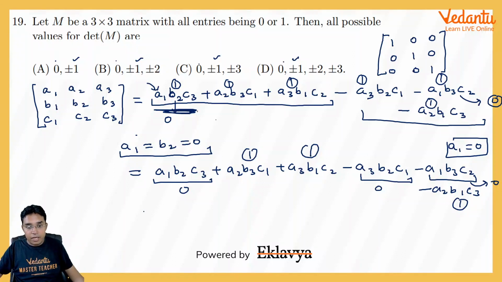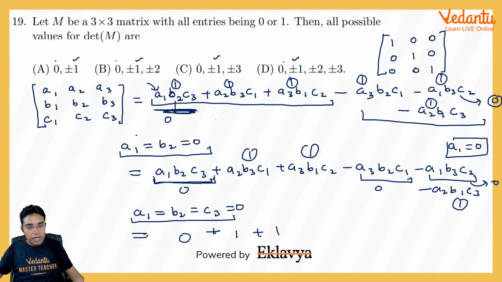Now in the same way, if you make A1, B2 and also C3 to be 0, in this case also you can check my first term will be 0, and these 2 terms will be 1, 1, because I have made these 3 to be 0 and the other 6 are 1 only.